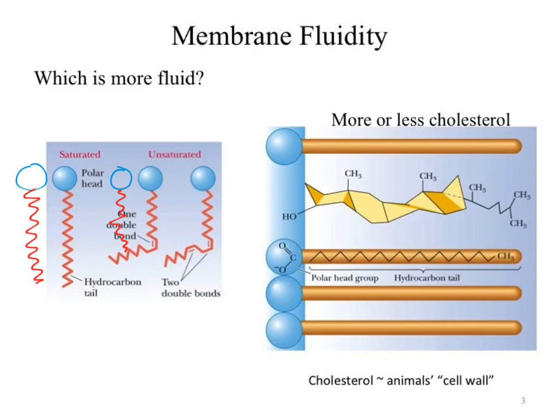Okay. We can also look at a change in the amount of cholesterol showing up within it. So cholesterol was technically a lipid, though it doesn't have quite as polar a head group as the other ones. Why is it not as polar? The head group on most of our lipids was phosphate. Why is the phosphate more polar than our cholesterol head group? It's charged. Yeah, most of our lipids had a charged head group.